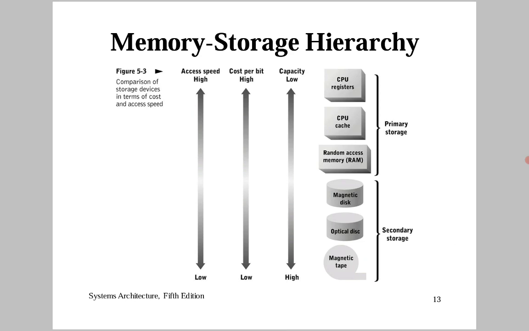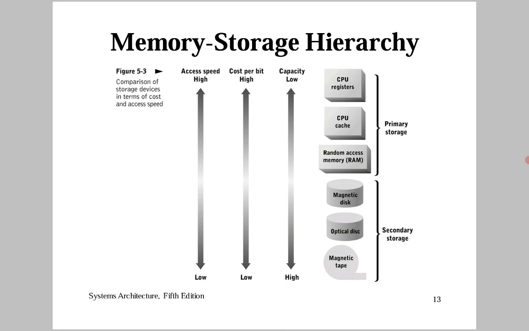We may compare various storage mechanisms by cost as well as speed. The different types of memories or storage devices here are CPU registers, CPU cache, random access memory or RAM, magnetic disks and magnetic drums, optical disks, and magnetic tapes.